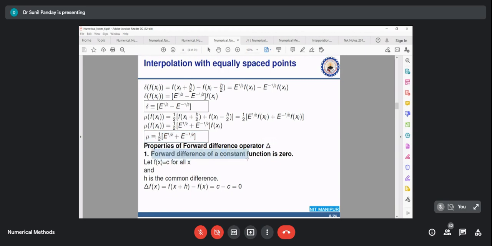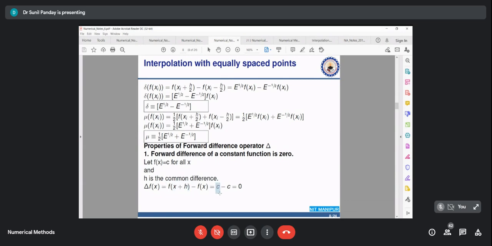The forward difference of a constant function is always 0. So we will see this one. Like we have some function f of x whose value is c for all values of x, and suppose h is the common difference. Now you apply the first forward difference to f of x. But you know the definition of forward difference is f of x plus h minus f of x. And since f of x gives the value c for all x, whether x is x or x plus h, the value is always c.